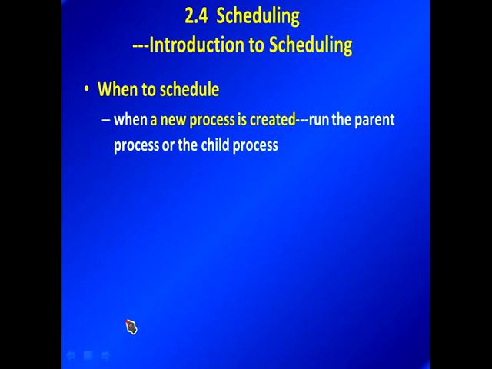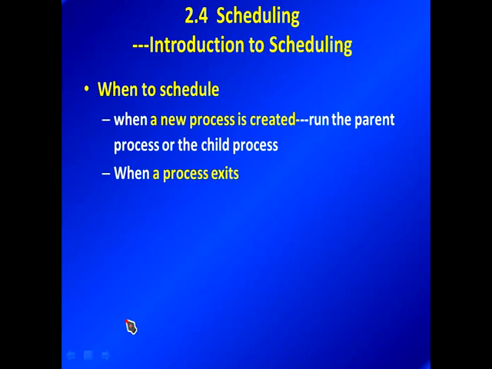So maybe the scheduler needs to decide whether the next one to use the CPU is the parent process or the newly created child process, because both of them are ready for execution. So this is the first case.